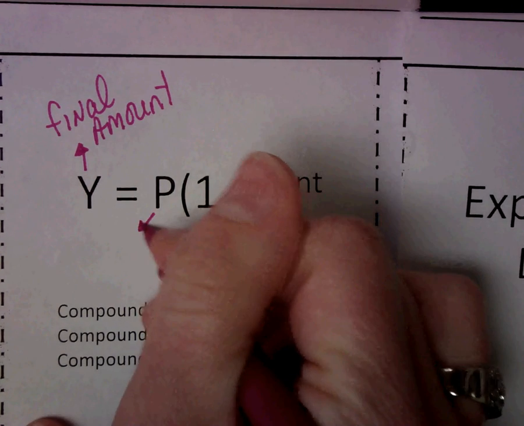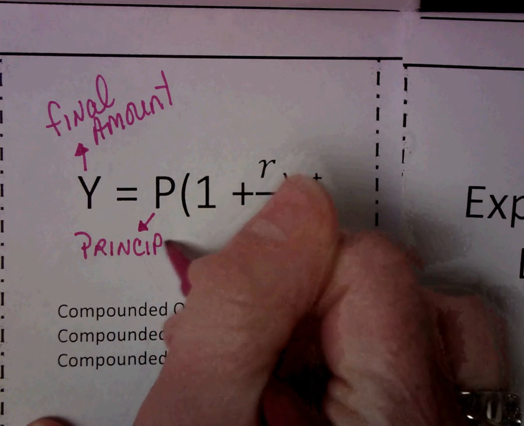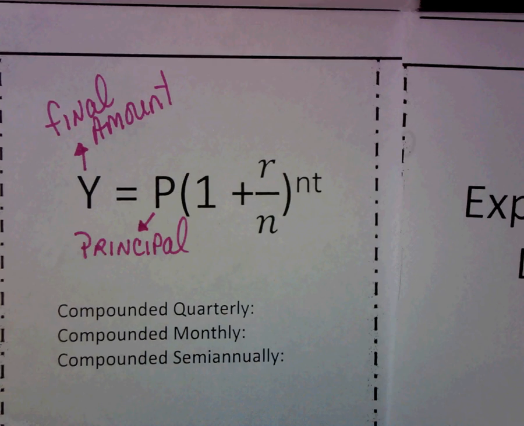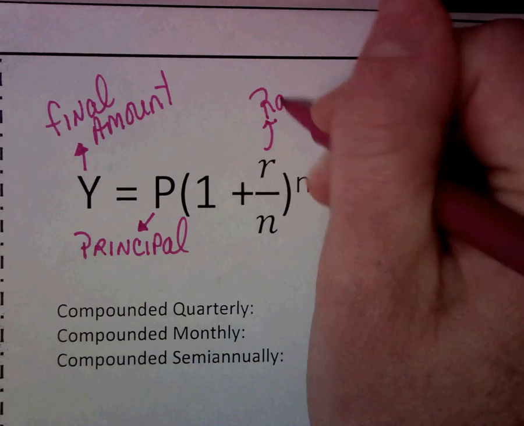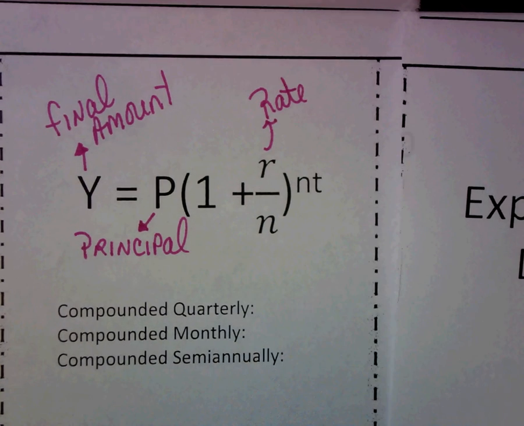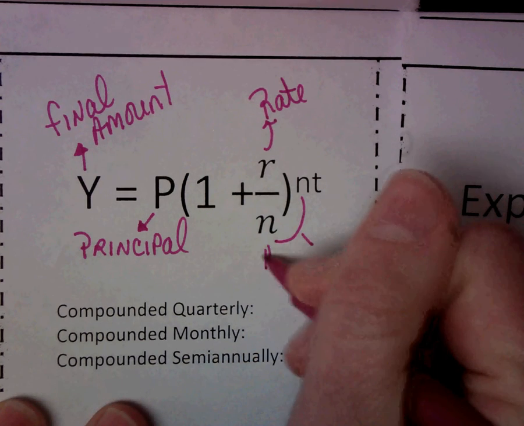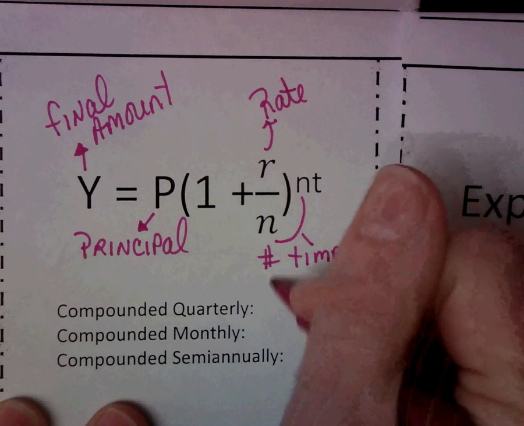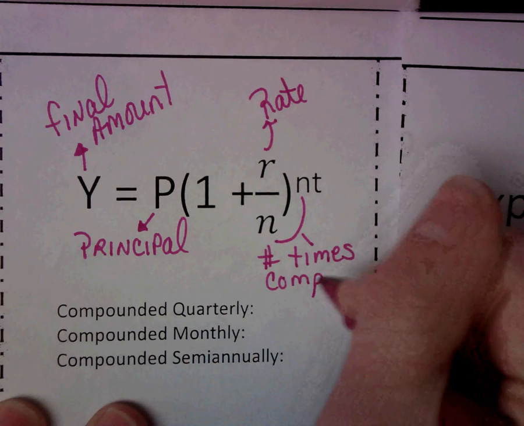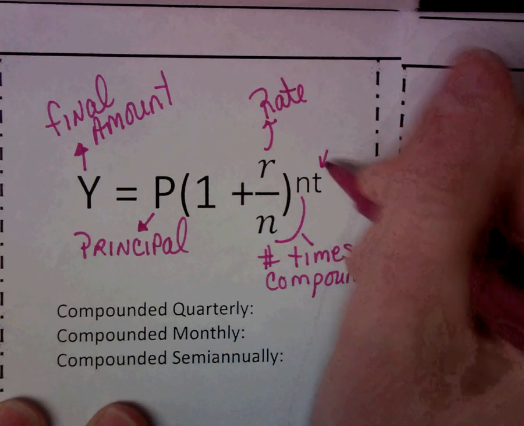P is still the starting amount, or it has a fancy name called the principal, what we start with. R is still the rate. The n is the number of times that our money is compounded, and we're going to talk about that more in just a second. And then t is still the time.